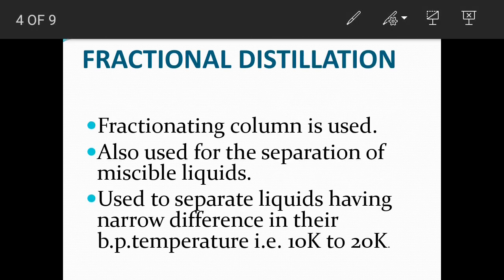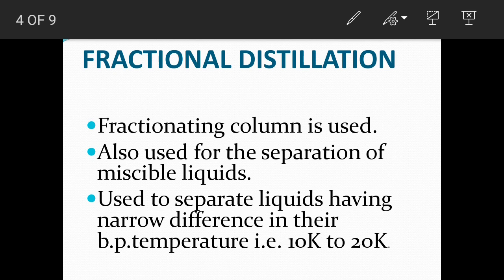Next is fractional distillation. What is the difference between simple distillation and fractional distillation? In fractional distillation, we use a column. This method is used for the separation of those miscible liquids which have a narrow difference in their boiling points.